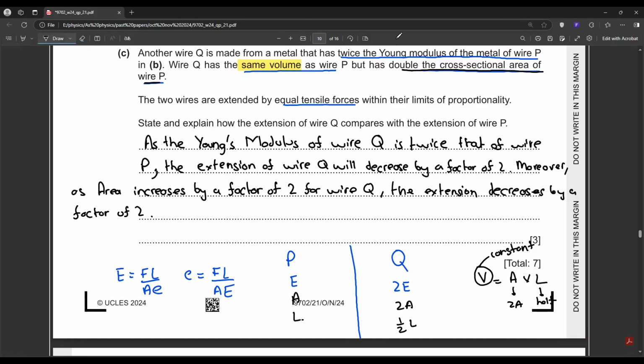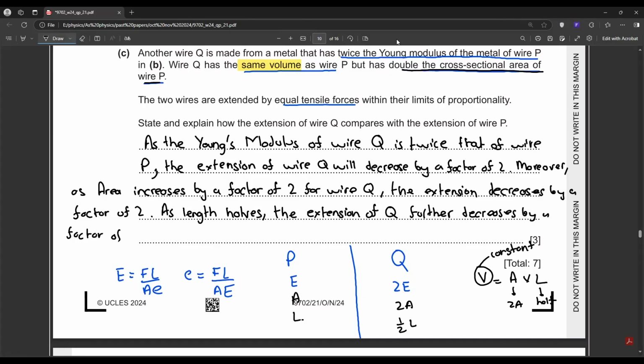Now what will be your last point? You will say as length halves, the extension of Q further decreases by a factor of 2.